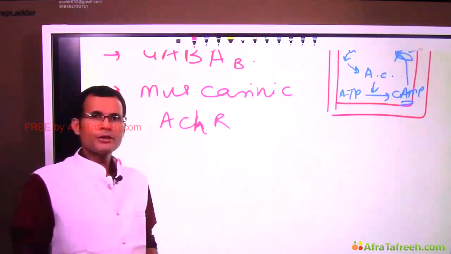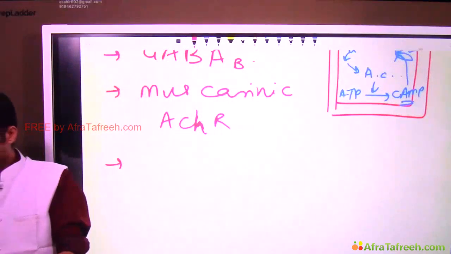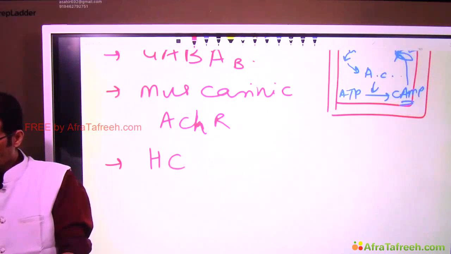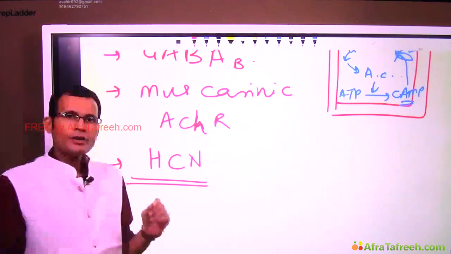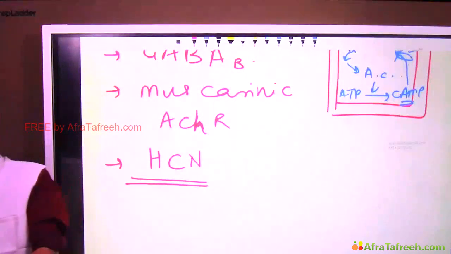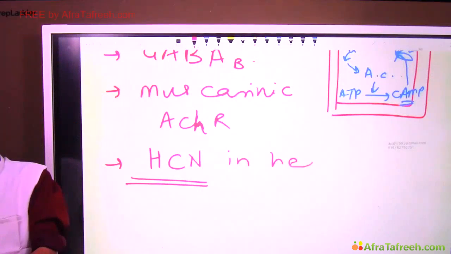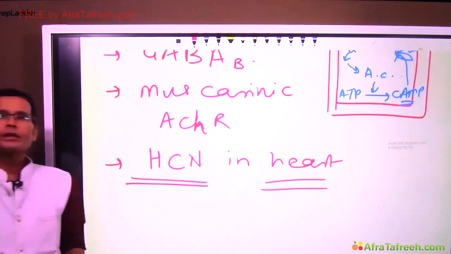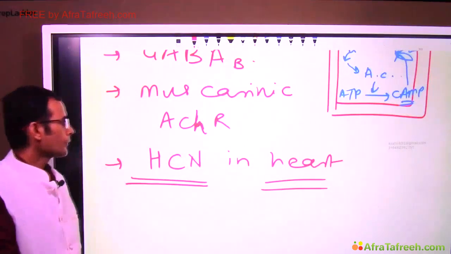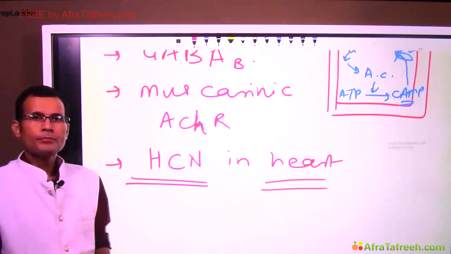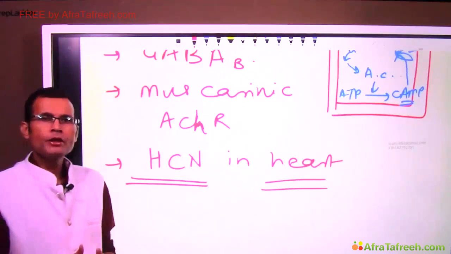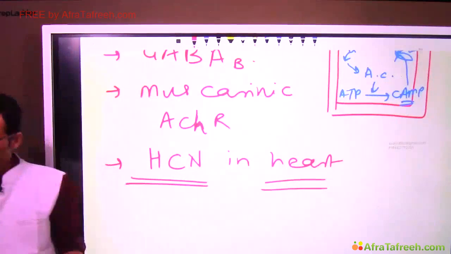One name that should be mentioned here is the HCN channel. HCN channel in the heart, particularly in the SA node. This channel is contributing to the pacemaker current in the heart.